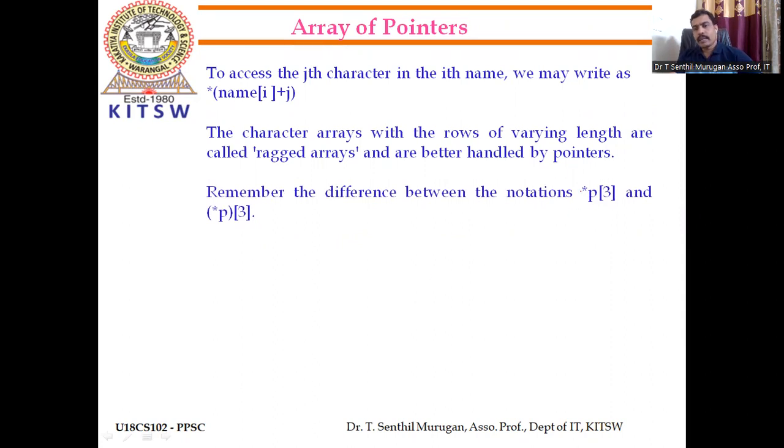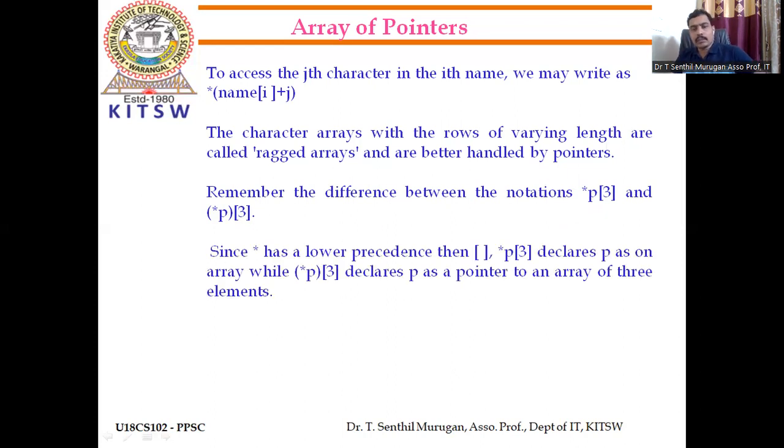Asterisk means it is a pointer. Here we can consider precedence. If you do not use brackets, the asterisk has lower precedence than the square bracket. So asterisk p of 3 declares p as an array. That is considered like this.